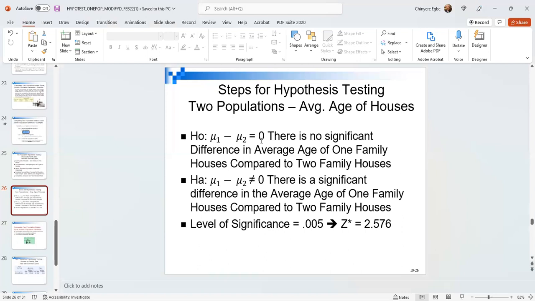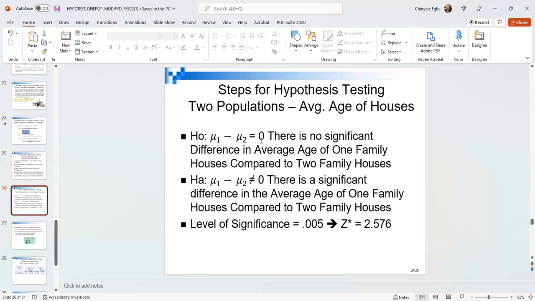You go out there as a manager, one of the things that will help you to keep your job, excel, and indeed maybe be better than the others is your ability to present information in a way that makes sense, in a way that is easy to understand. And so the null hypothesis will be that there's no significant difference in the average age of one family compared to two family houses.